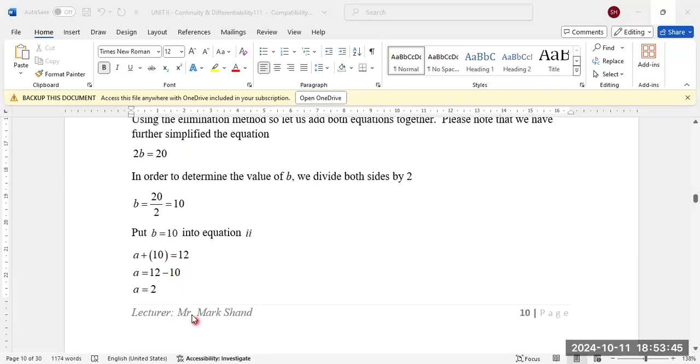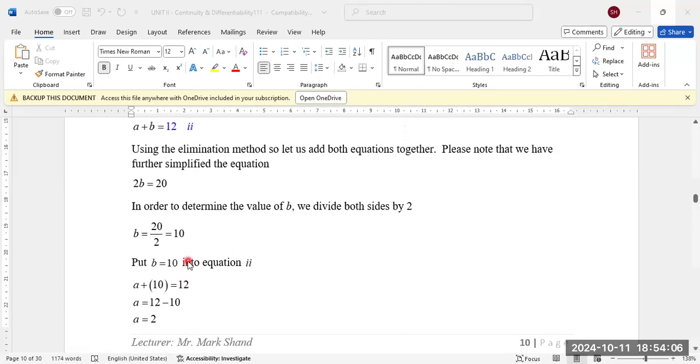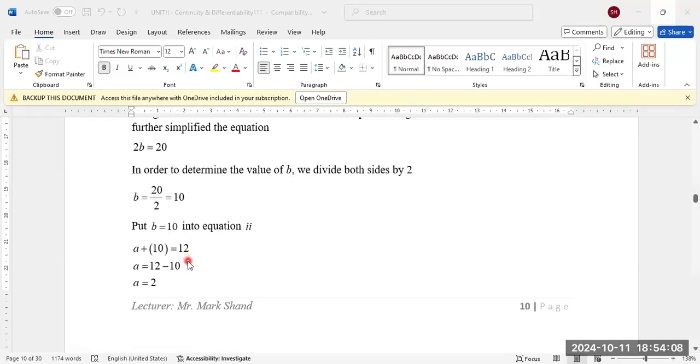Anywhere in the function I see A or B, I'm going to be substituting the value of B in order to work out the corresponding value of A. So I'm using this equation, A plus B equals 12, equation number 2.